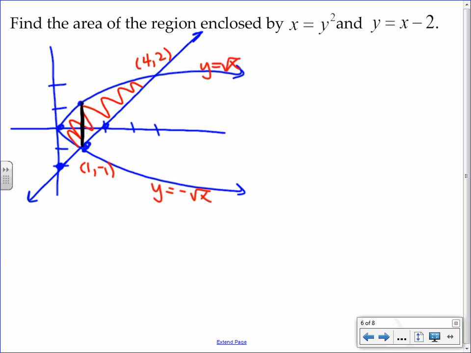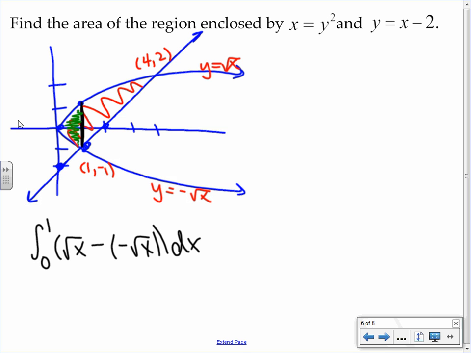We are going to have the integral from 0 to 1, where our upper function is the square root of x minus our lower function, negative radical x. All right, and so that's going to be that green area.